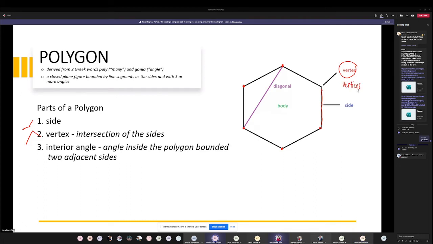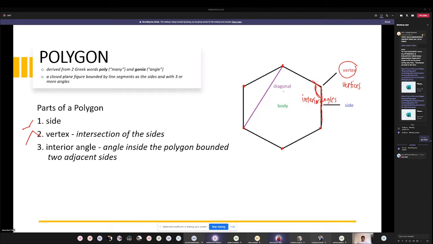And then we have the interior angle. It's an angle that is inside the polygon, bounded by 2 adjacent sides. If we have this side and this one adjacent to it, this angle here is one of the interior angles. In a polygon, there are many interior angles.